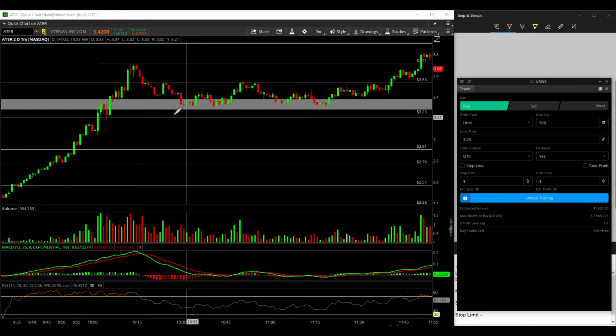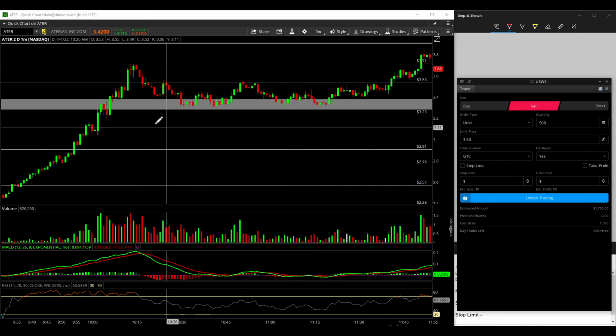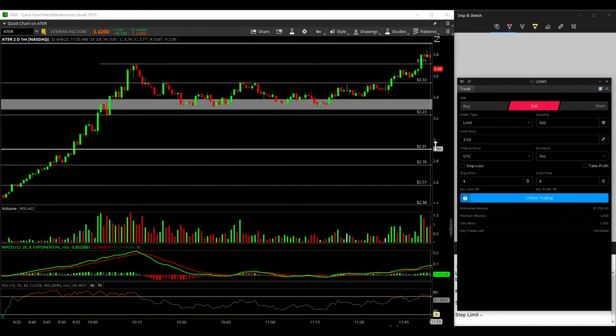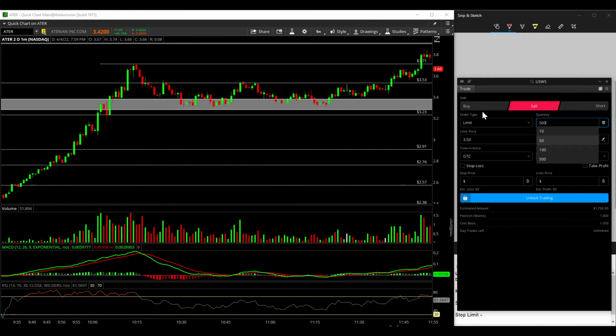And now on the other side, say you get filled now, and you know that this 3.53 is a key level, you could place a limit sell for your shares at 3.50. So now that means that if the price hits 3.50 or higher, your order will execute to fill and sell 500 shares or however many shares you have, which if you had it at 3.50, you would see that you would have gotten filled.